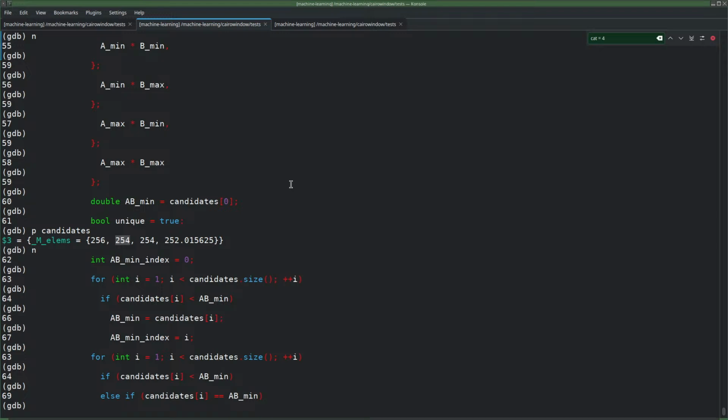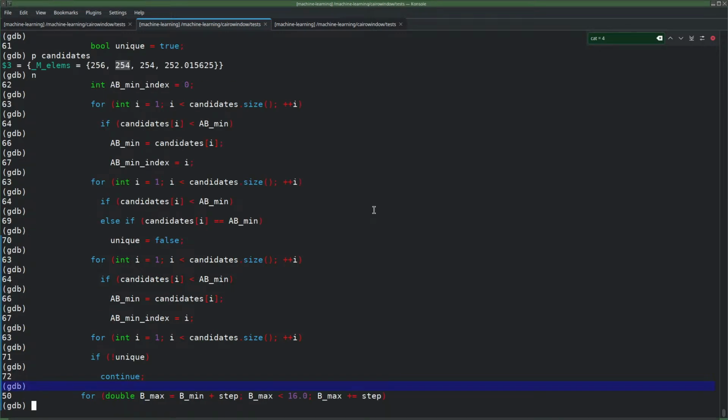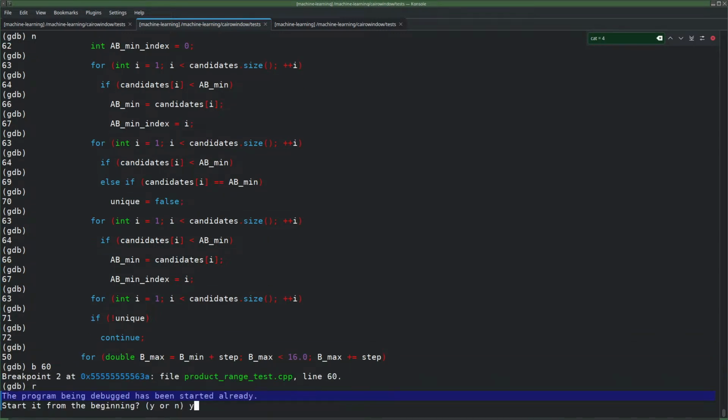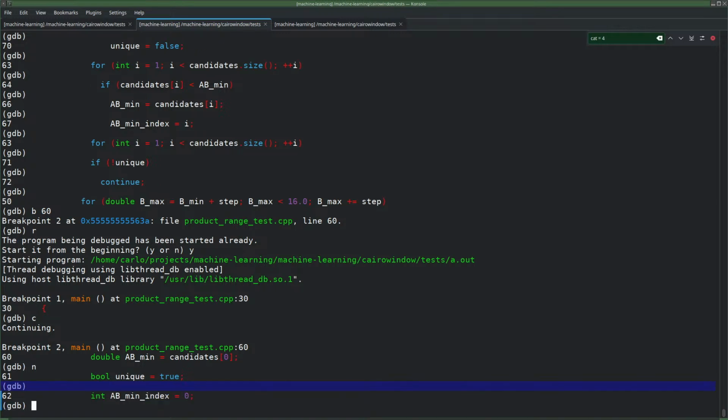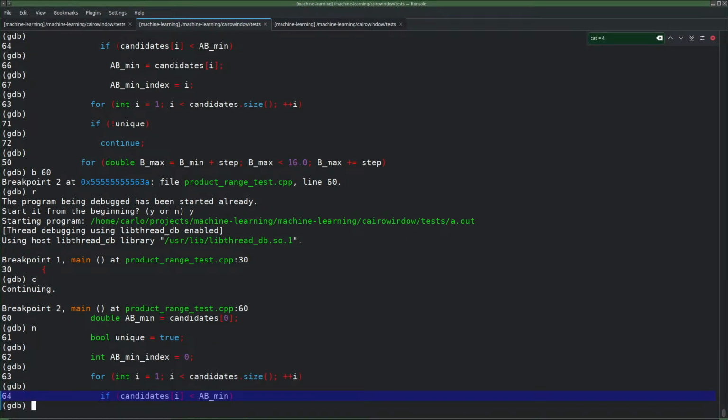Yeah, should have paid more attention. Let's put a breakpoint at 16. Run it again. What kind of bullshit is this? Oh, wait a minute. I already said it here. Never mind.